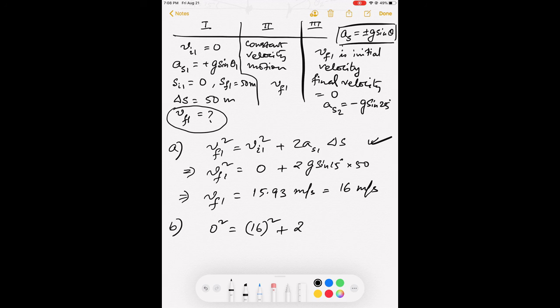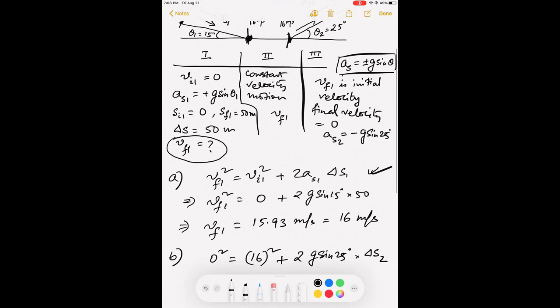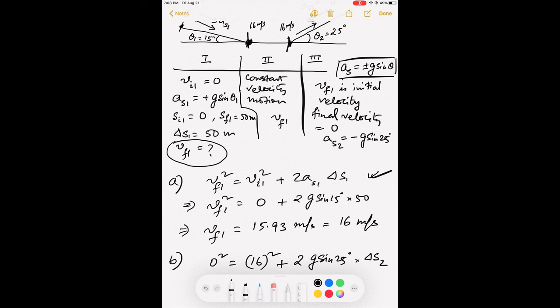Then you'll write 2 aS2. aS2 is basically g sine 25 degrees, right? And then you are going to use the length for the second one, so delta s2, if I may call it. So you can call the first one delta s1 to distinguish between these two.